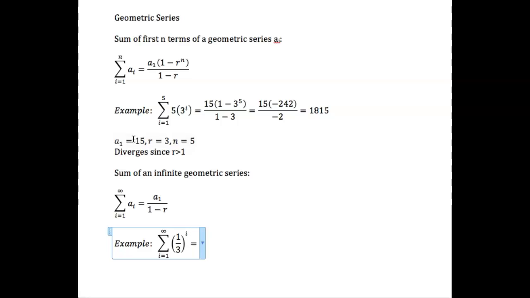So I want to look at just the first few terms here. If i is 1, that's 1/3 to the first power. Oh, I can do that one, that's 1/3. We're adding, see the sigma there. When i is 2, that's 1/3 squared, which is 1 over 3 squared, 1/9.